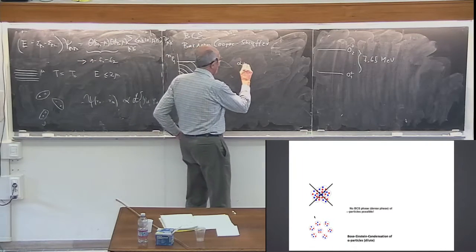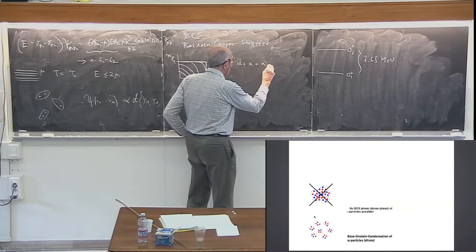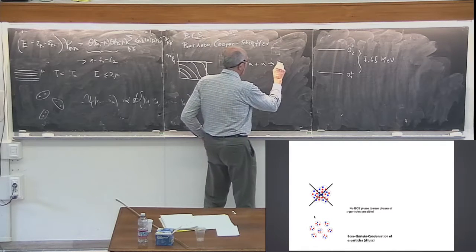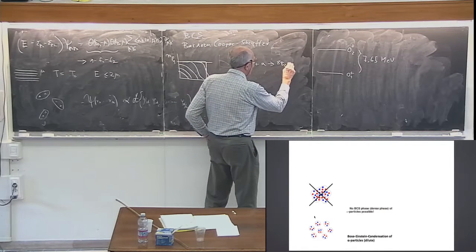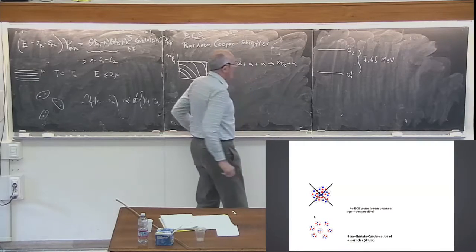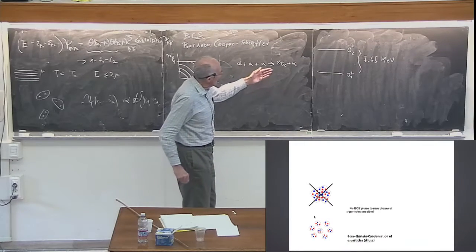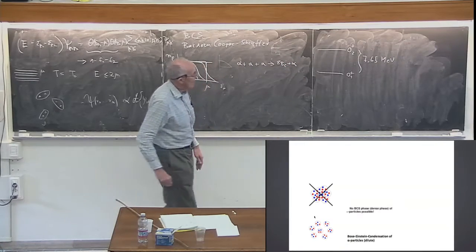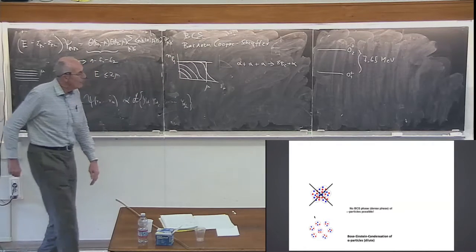Triple alpha: alpha plus alpha goes over first to beryllium-8 plus alpha, and then finally it goes into this excited state at 7.65 MeV.